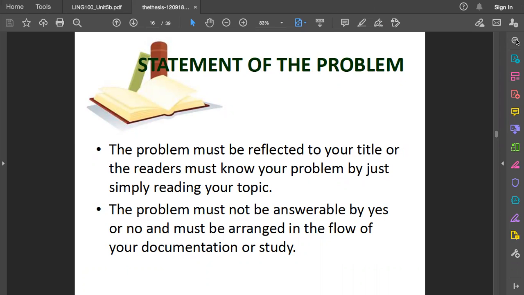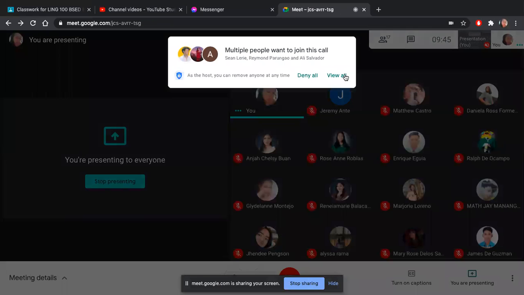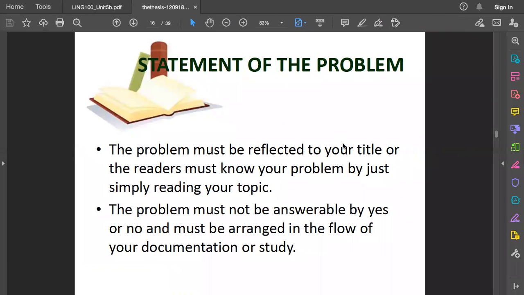I would have to administer a pre-test to diagnose what they already know and what they lack, what knowledge they lack when it comes to infographic making and digital writing.